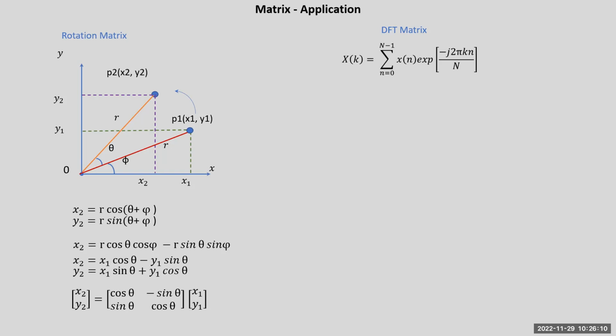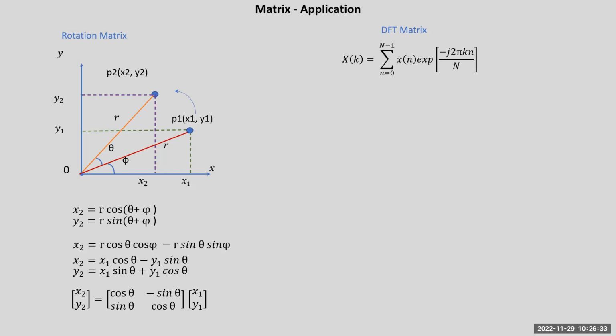Basically, the Fourier transform is a transformation of a time domain function into the frequency domain. Now, DFT is applied to the discrete time signal x of n, and when one computes the Fourier transform using this formula, it generates the frequency domain representation of x of n as X of k.